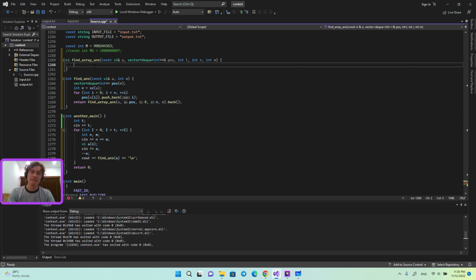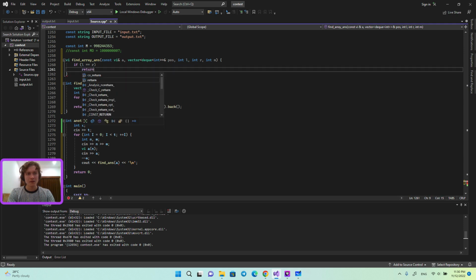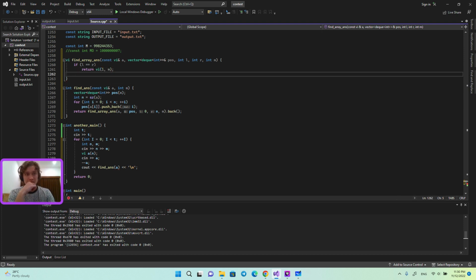Okay, I think in this case we just say return vi of m and 1. Now we're assuming that L is not equal to R, so this is a non-empty array.